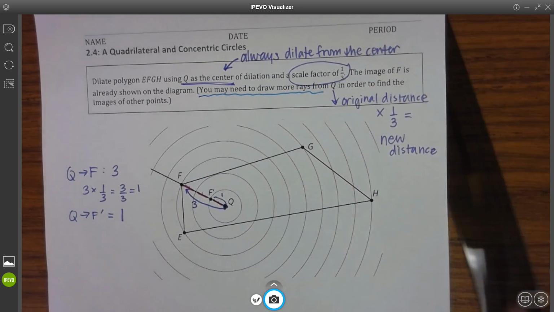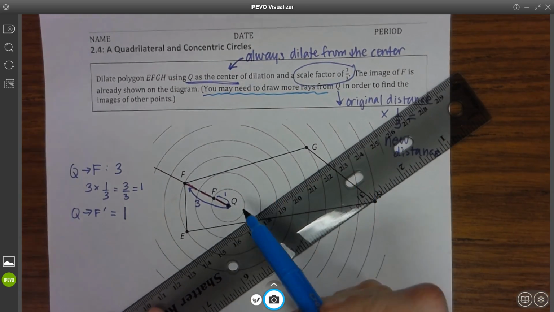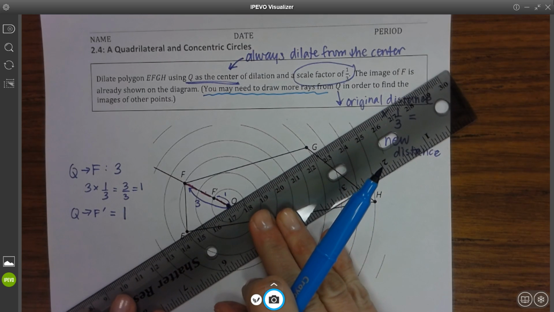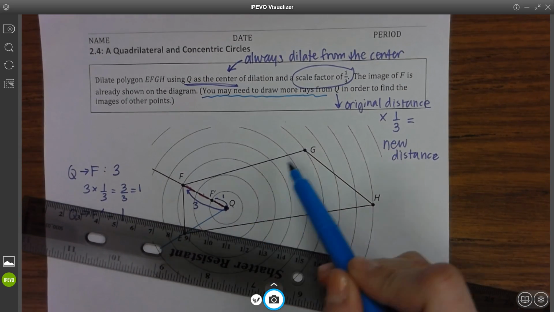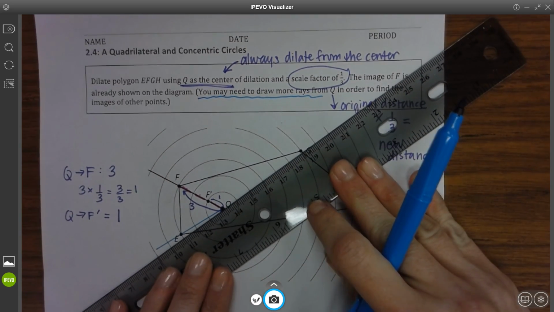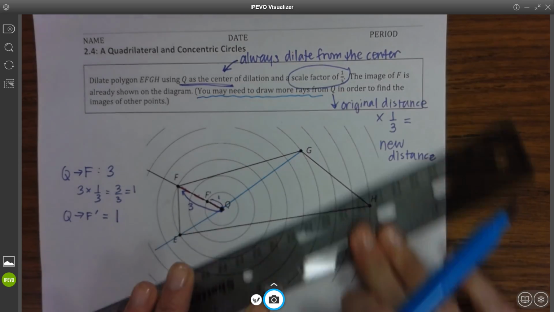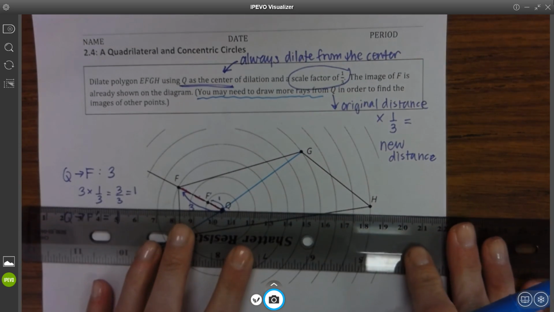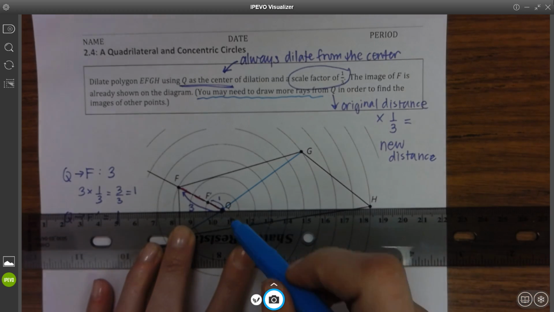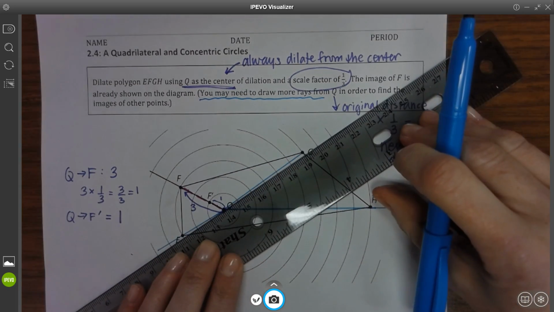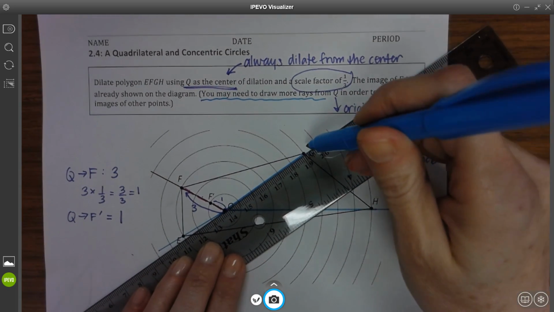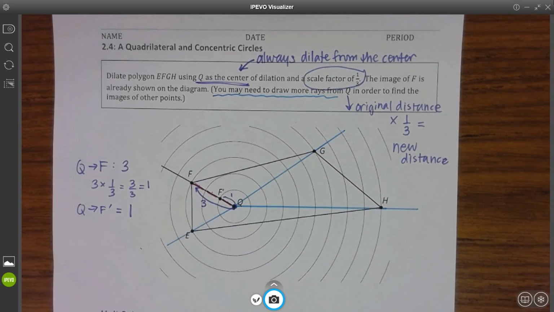So take your ruler, and we're going to draw a ray from Q through E. We're going to draw a ray from Q through G. And from Q through H. Okay, so draw your rays. These rays are going to help us with our distance.